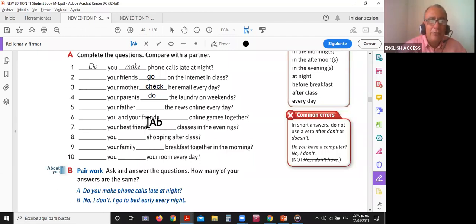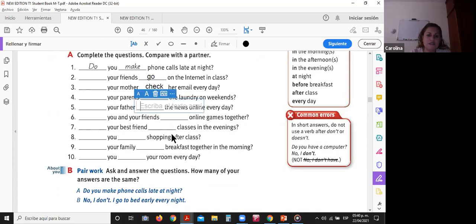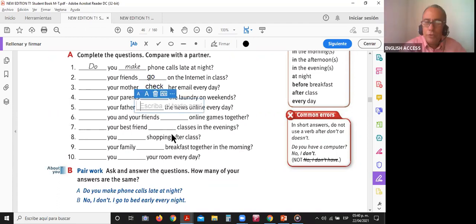What is the answer for number 5? Watch the news. No, listen to the news. Read. Well, you know something, Carolina? You are right, because it doesn't say newspaper.